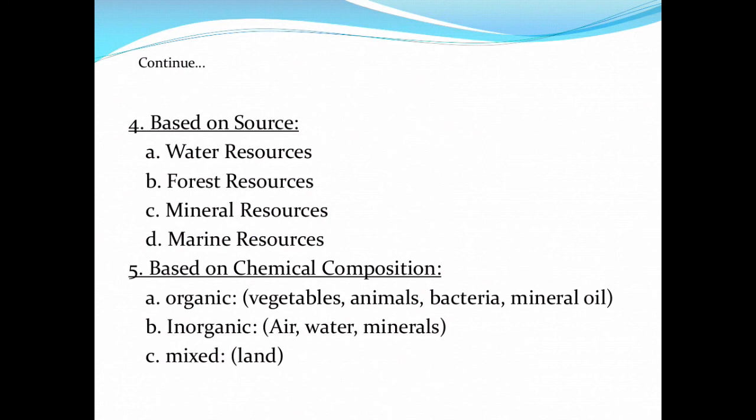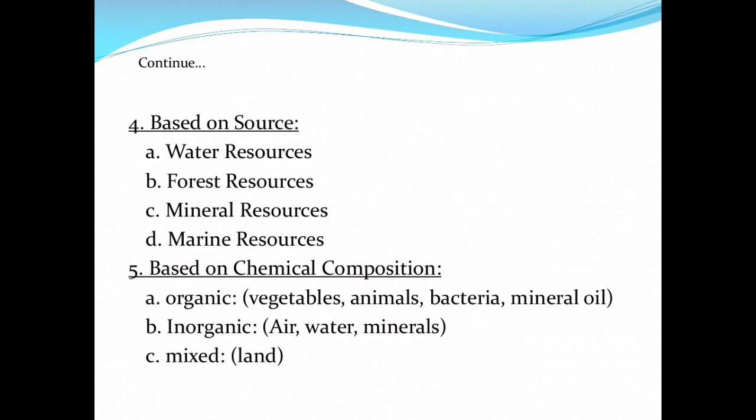Whereas mineral resources are available in the ground, at hilly areas majorly. Okay, and rocks, minerals, whatever it is, if you do minings, whatever material you get from minings, those all come under mineral resources.